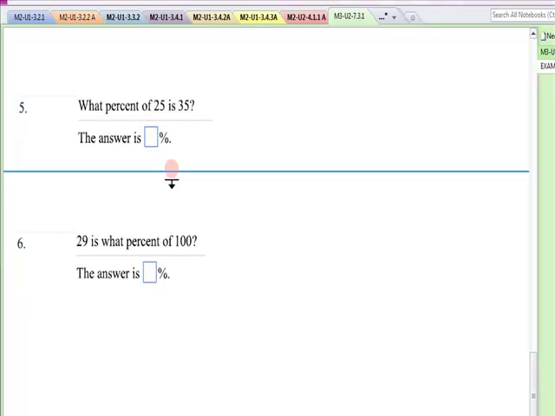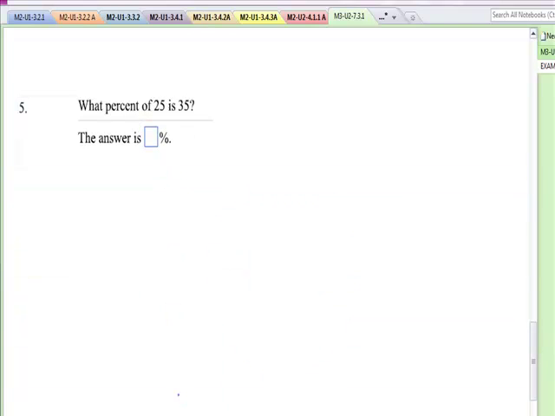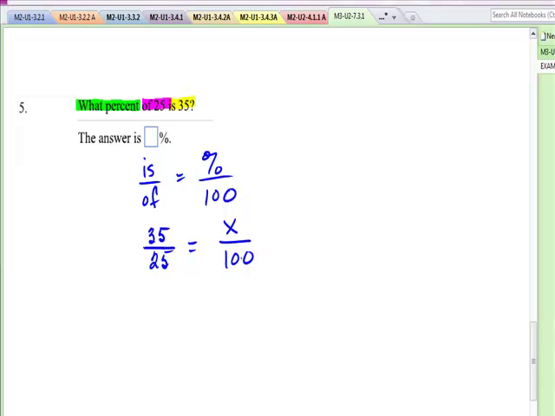Number 5. It says, what percent of 25 is 35? So is over of is percent over 100. In place of is, I put 35. In the place of of I put 25. And x is the percent, and it's over 100.